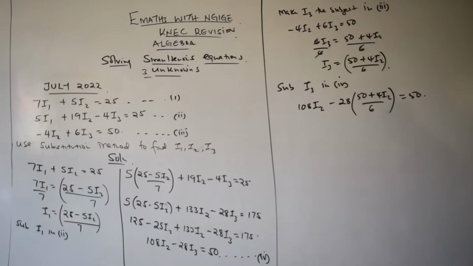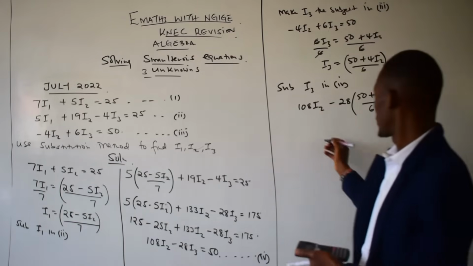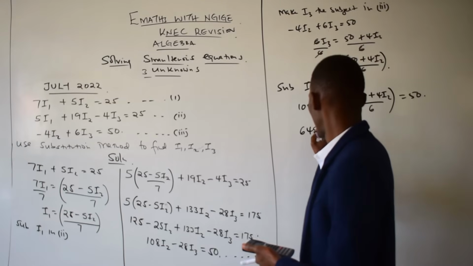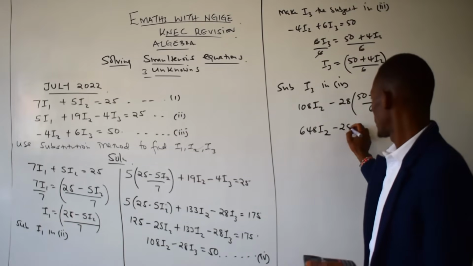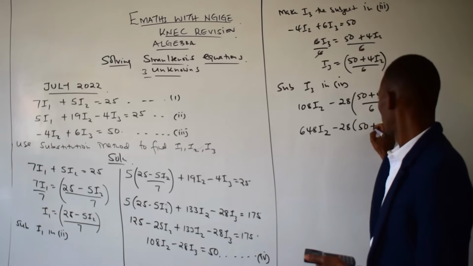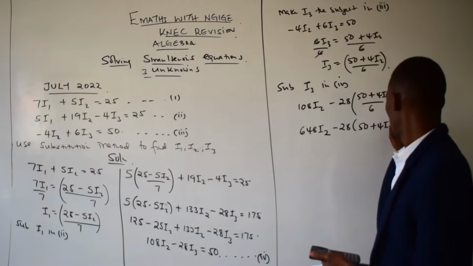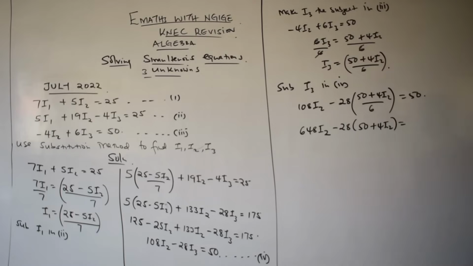Now we shall have 108 multiplied by 6, which gives you 648. So we shall have 648 i2, and you shall have minus 28 times 50 plus 4i2. Then you have 50 times 6, that is 300.